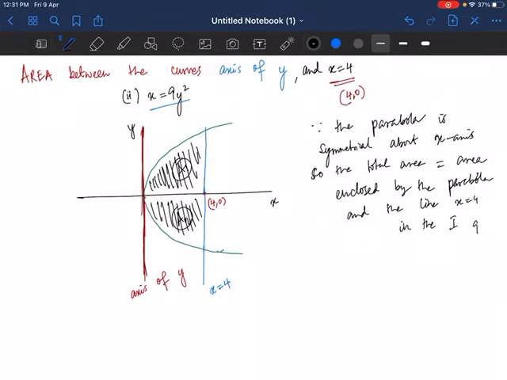So any quadrant I will take. So all I need is to find the area of this portion. I'm just finding the area of this portion.